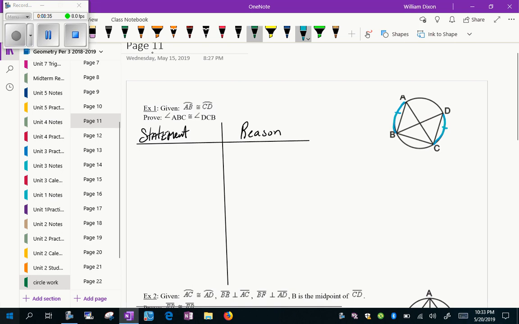So we know that chord AB is congruent to chord CD. So we can mark that right away. Some other things we can mark, and I should back up, we're looking at this triangle here and the other one.